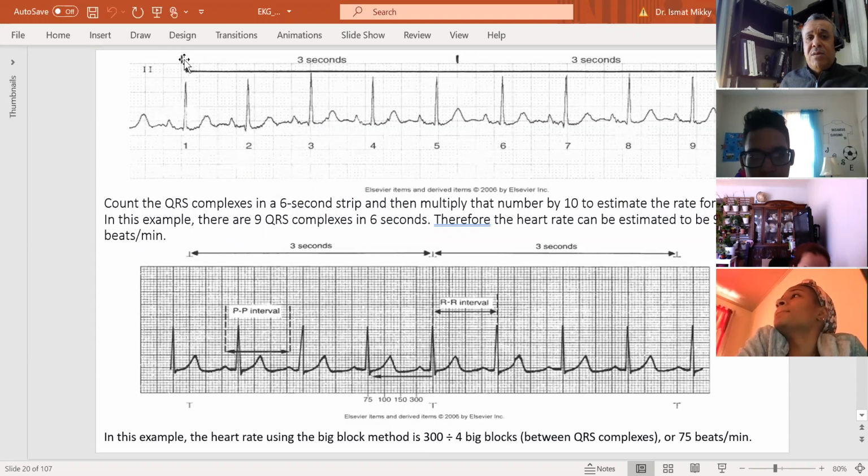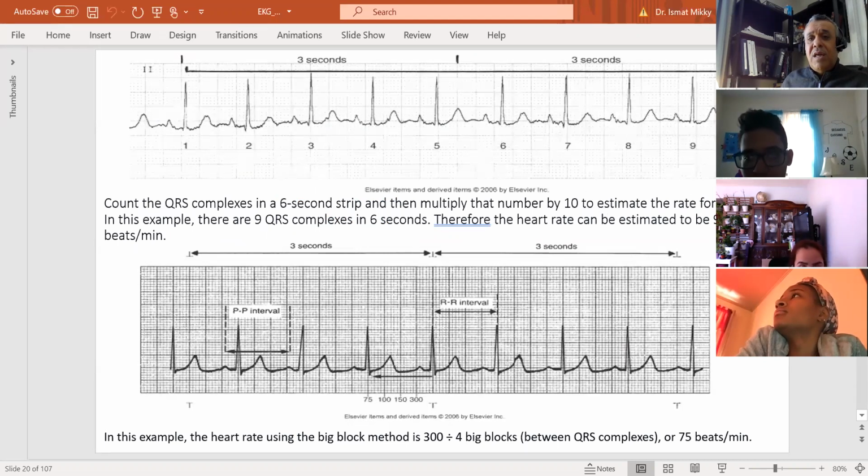It looks like the beginning of the interval here coincides exactly with the R wave. So now we will count 1, 2, 3, 4, 5, 6, 7, 8, and then here we have 9.